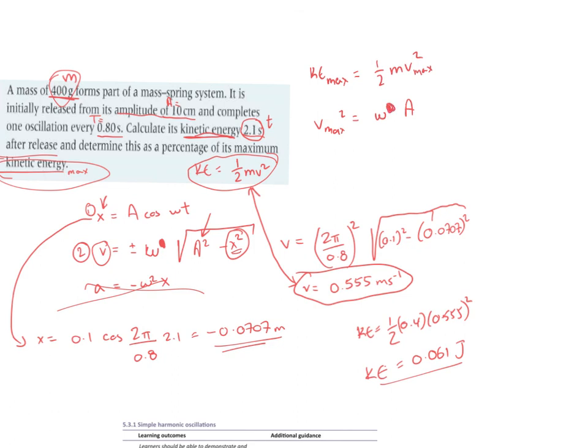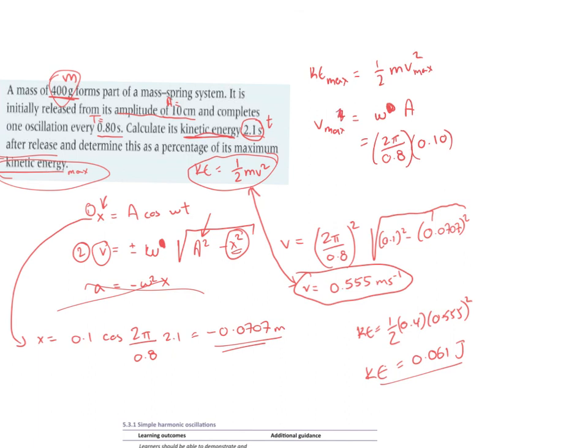So yeah, you have here the maximum velocity, which is simply omega A. And that means that you just place the numbers in. So 2 pi over 0.8 times the amplitude to get v.